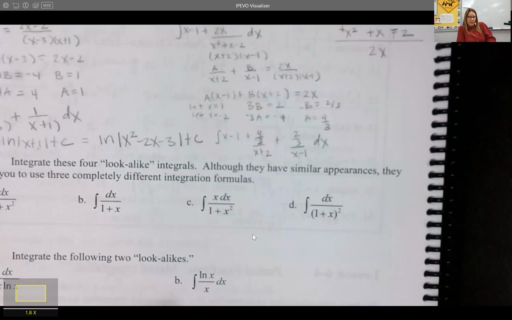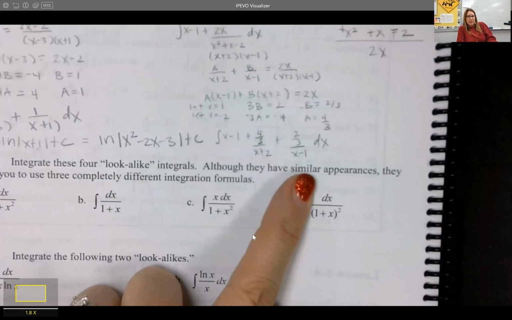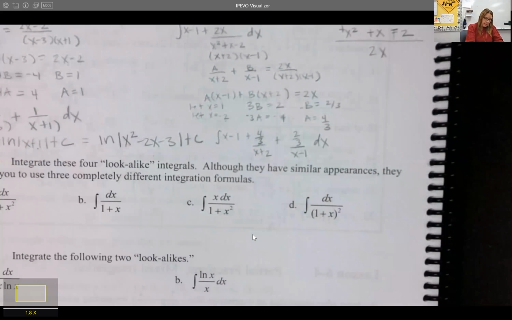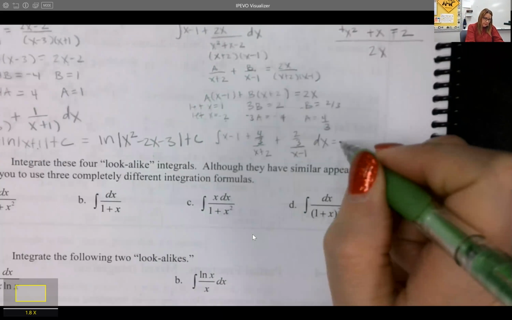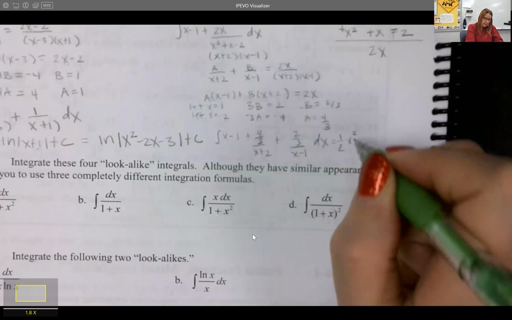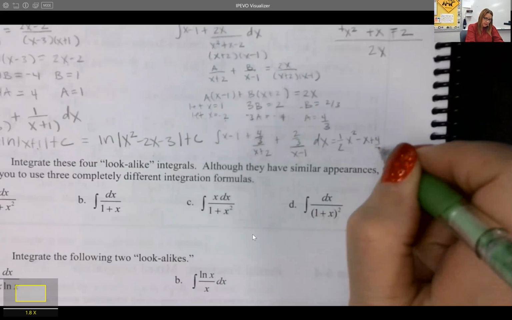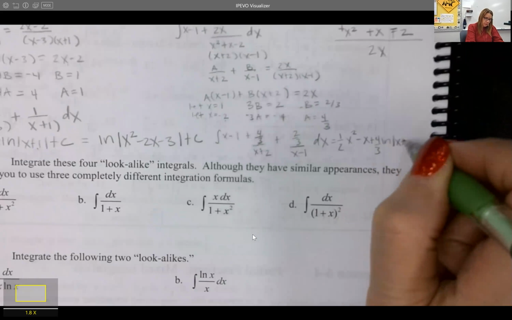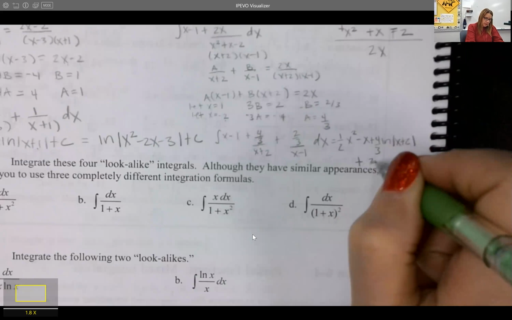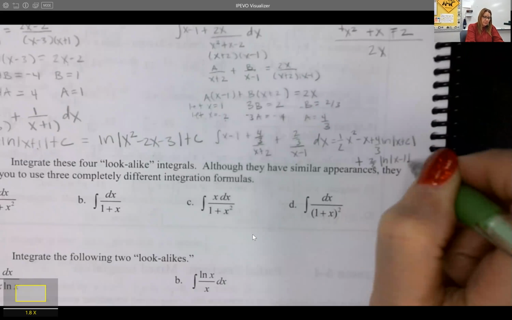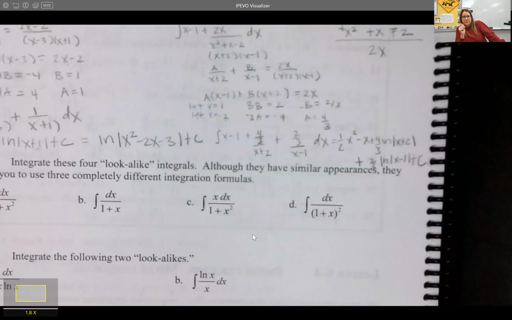So now that I have it like this, I'm able to take the integral one term at a time. Okay, so that's going to equal 1/2 x squared minus x plus 4/3 times the natural log of x plus 2 plus 2/3 times the natural log of x minus 1 plus c.